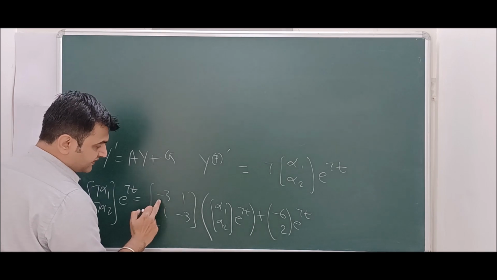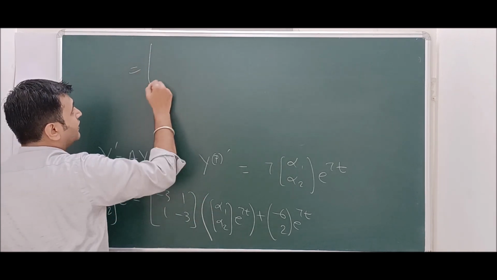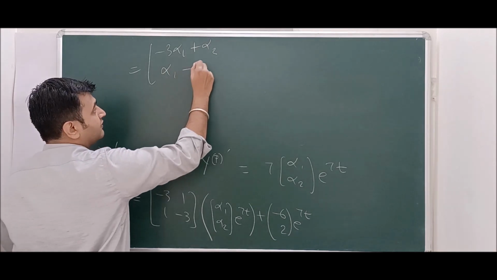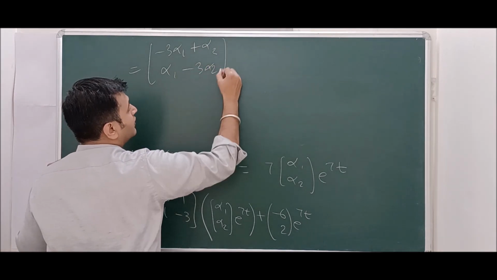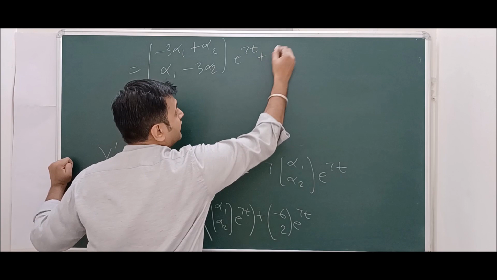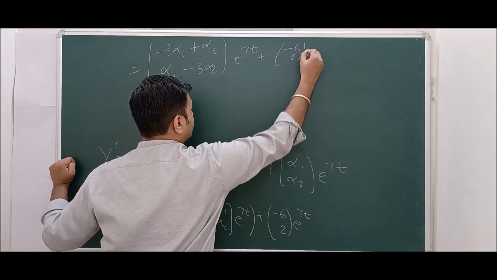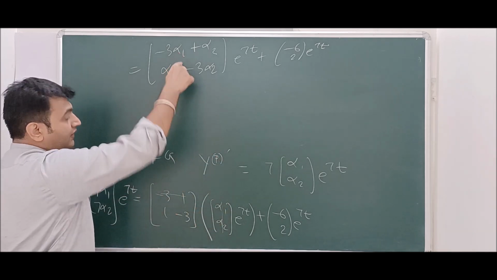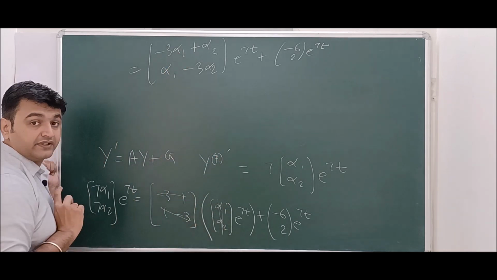So what do you get? This is (minus 3 alpha 1 plus alpha 2, alpha 1 minus 3 alpha 2) e raised to 7t plus (minus 6, 2) e raised to 7t. Fine. This vector into this vector and then this vector into this vector.